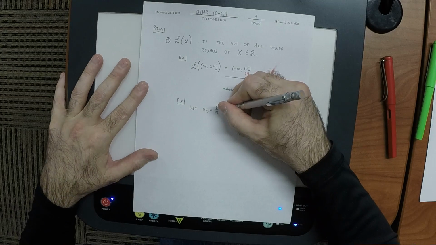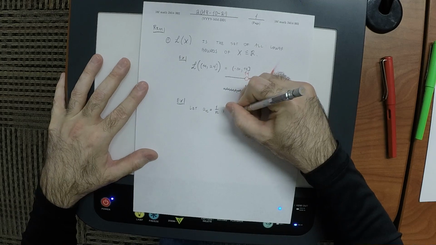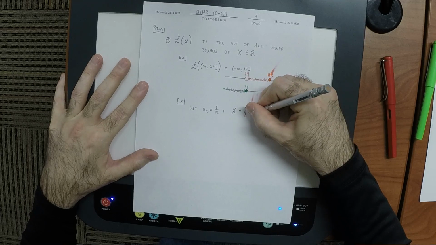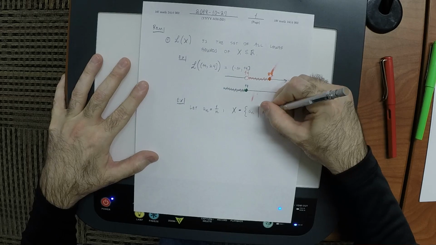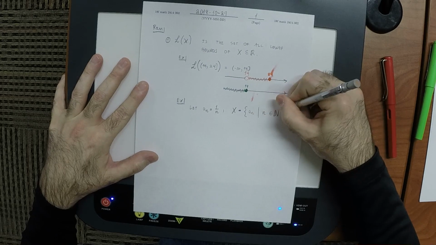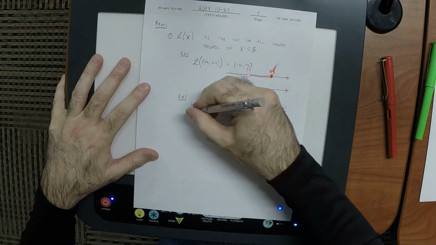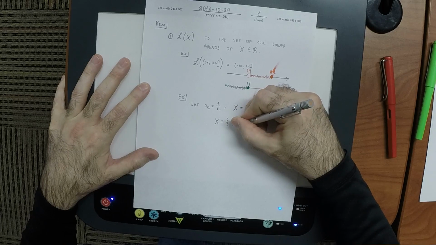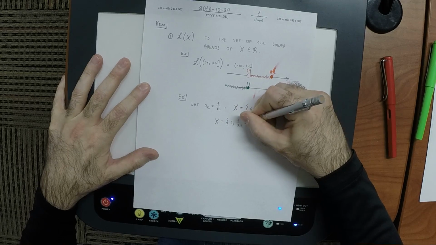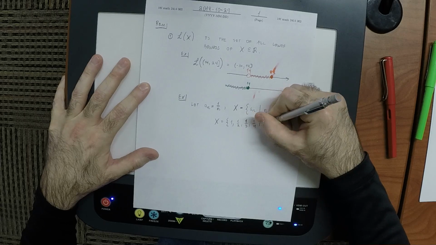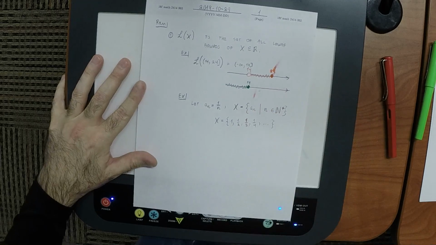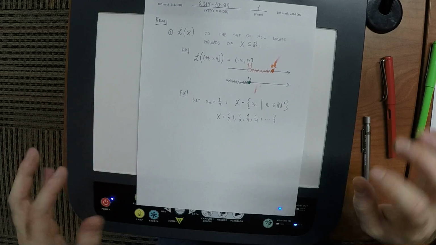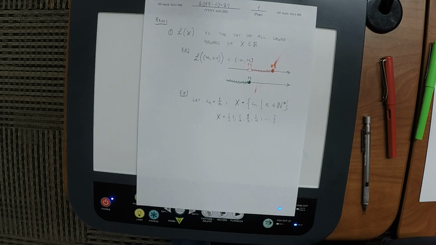Now I could say, let set X be the set of all a_n such that n is a positive natural, which is to say that set X is 1, a half, a third, a fourth, and so on. So it contains all of the numbers which are part of the harmonic sequence.